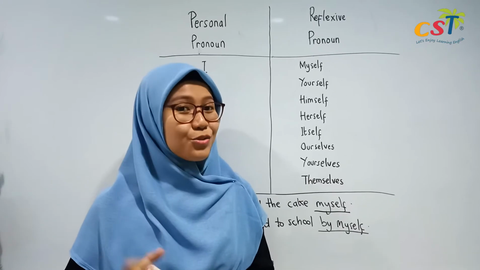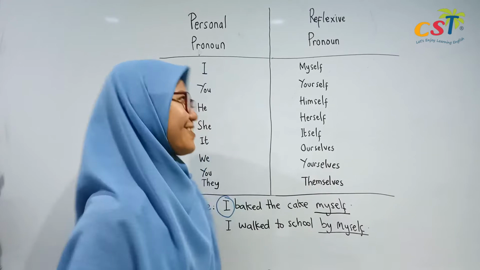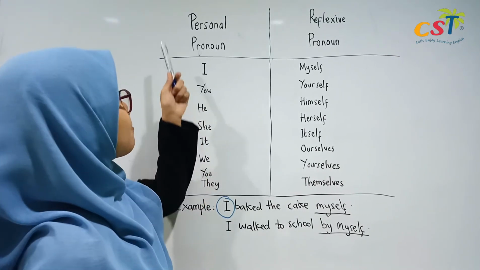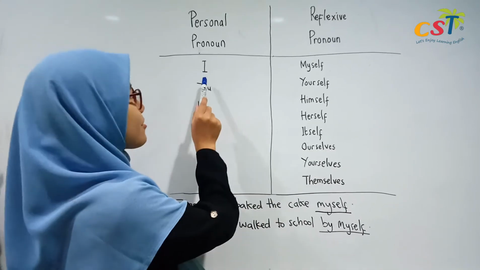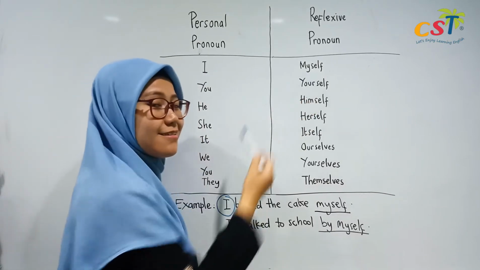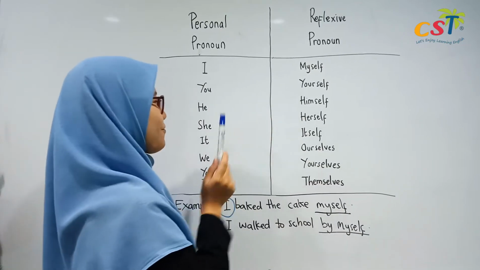Now I'm going to remind you of the reflexive pronoun of each subject. Here, the subject of the sentence we call the personal pronoun. For the personal pronoun I, you can use myself as the reflexive pronoun. For you, yourself.